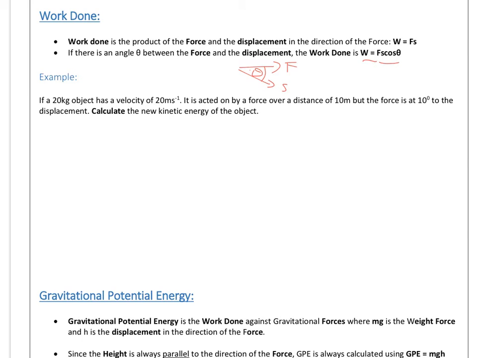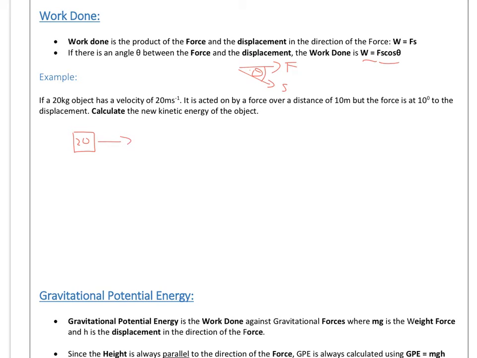Okay, so let's have an example of putting that into practice. A 20 kilogram object has a velocity of 20 meters per second. It's acted on by a force over a distance of 10 meters, but the force is at 10 degrees to the displacement. So let's first of all draw a diagram.